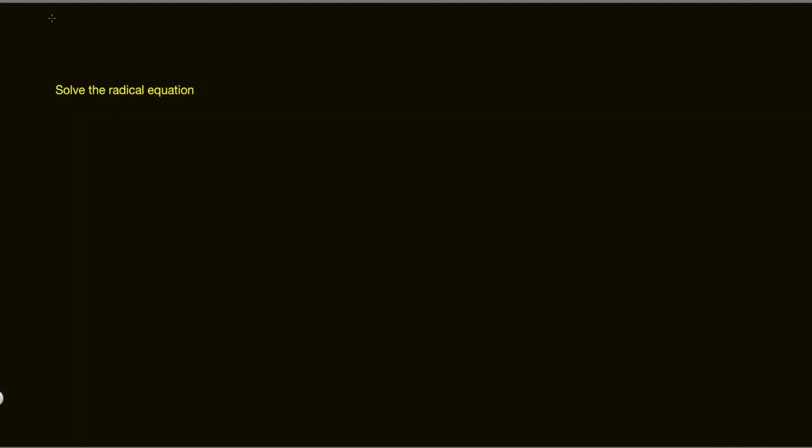So let's look at another one. That was A. Let's look at B. B has the root of 3x minus 2 equals x minus 4.